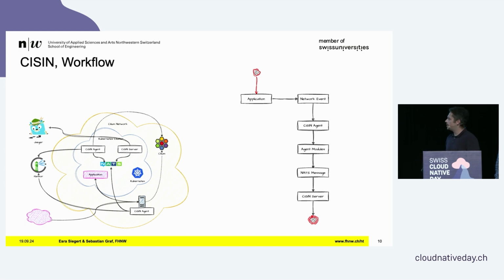So thanks to Hubble, we get information about this request, both on the legacy part and on the part inside the Kubernetes cluster. We have to deploy our agent on every node of the Kubernetes cluster, and we have to have the agent running on every external workload. But thanks to Cilium, we don't have a boundary between the legacy world and the Kubernetes world.